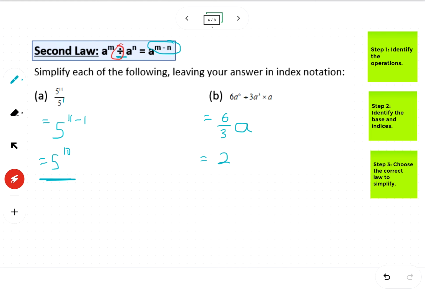So kalau divide, you have to subtract the indices. So 6 minus 3. But if you see here, that's a multiplication. Kalau multiplication, we have to plus the indices. Plus 1. So 6 minus 3 is 3, plus 1. Sorry, I forgot the A. Okay. Index 4. That's the final answer.